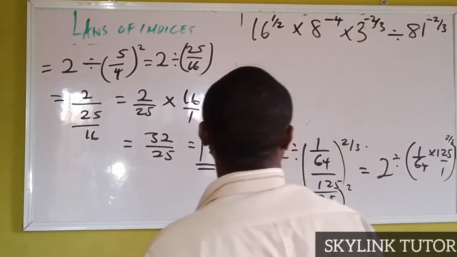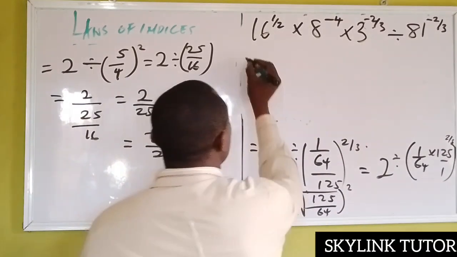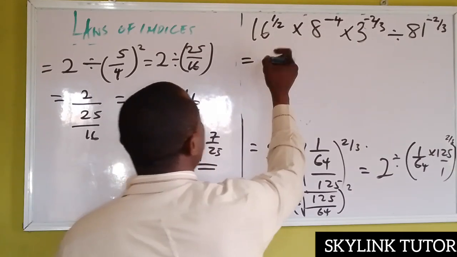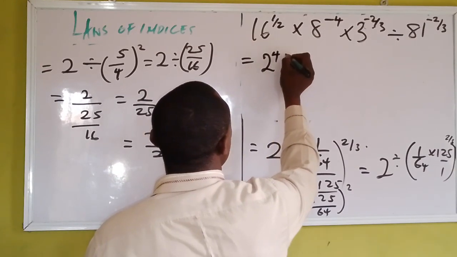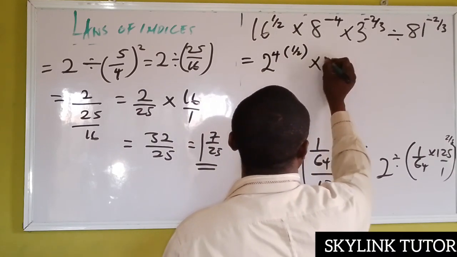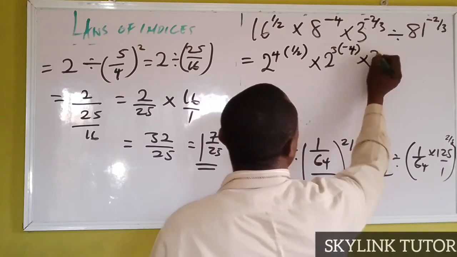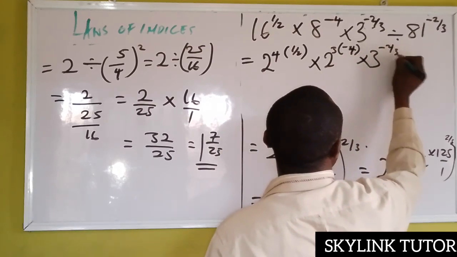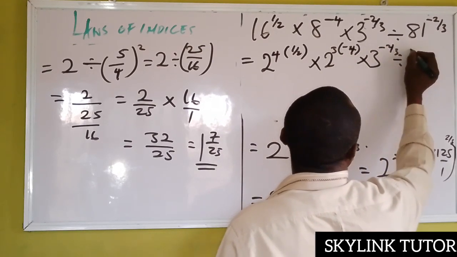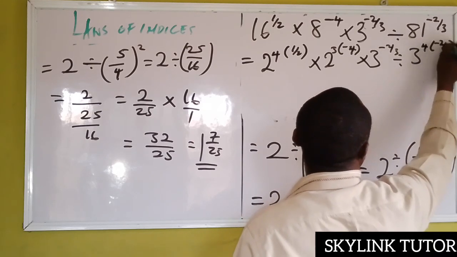So the very first thing you need to do here is that you look at it. This one now, 2 raised to the power 4 is going to give us 16, right? Times 1 over 2 up there. Then 2 raised to the power 3 times minus 4. Then 3 raised to the power minus 2 over 3 divided by 3 raised to the power 4 here, then minus 2 over 3.